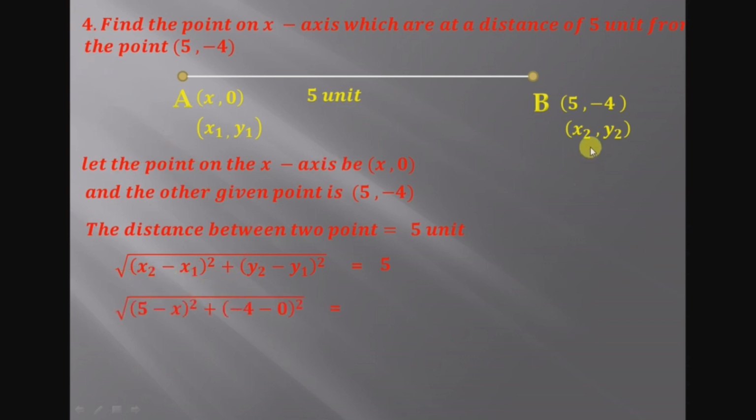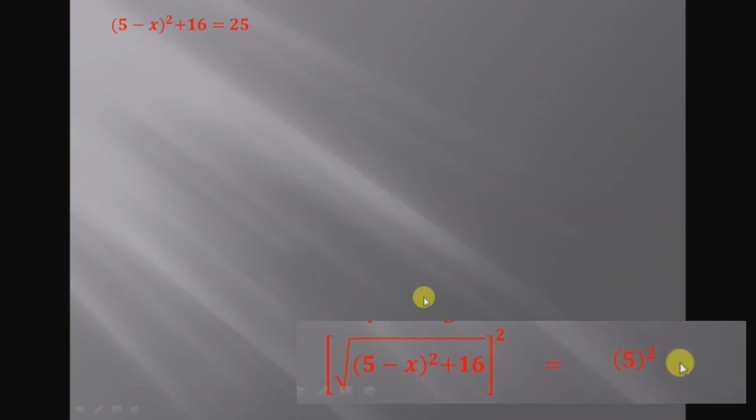So the value of x2 is 5, minus the value of x1, which is x, plus the value of y2, which is -4, and y1 is 0, is equal to 5. Now squaring both sides, I will get (5 minus x) whole square plus 16 is equal to 5. You can check down there how it comes.